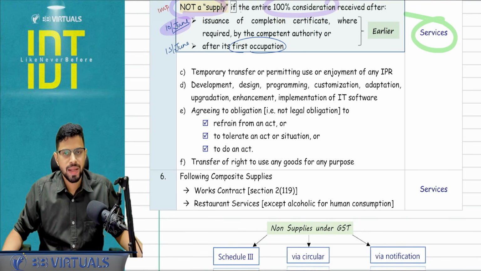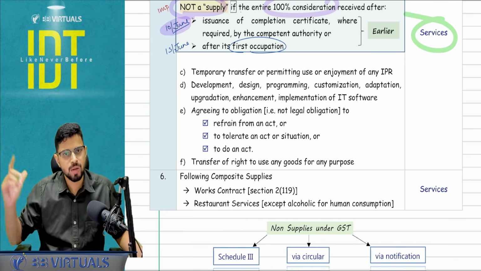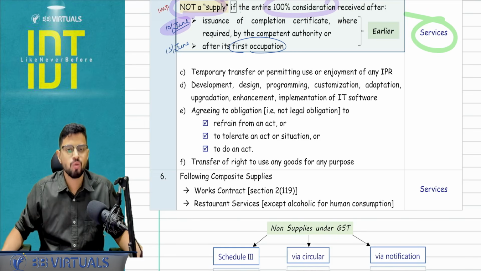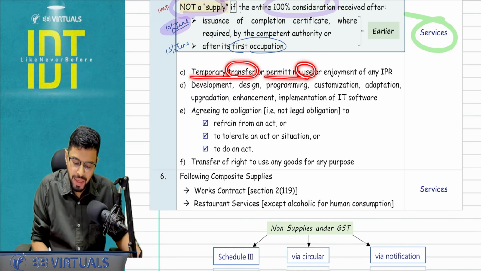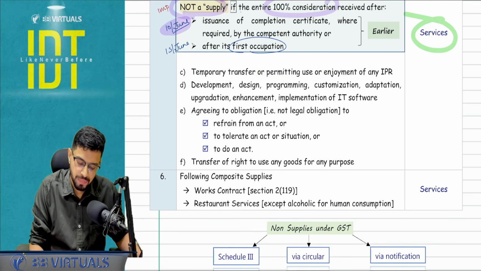So if you want to play that song in any commercial manner, you have to pay a copyright fee to the person holding the licenses. So what is that? You are taking a service. Any temporary transfer or permanent use, permitting the use or enjoyment of any IPR. It can be trademark, it can be copyright.